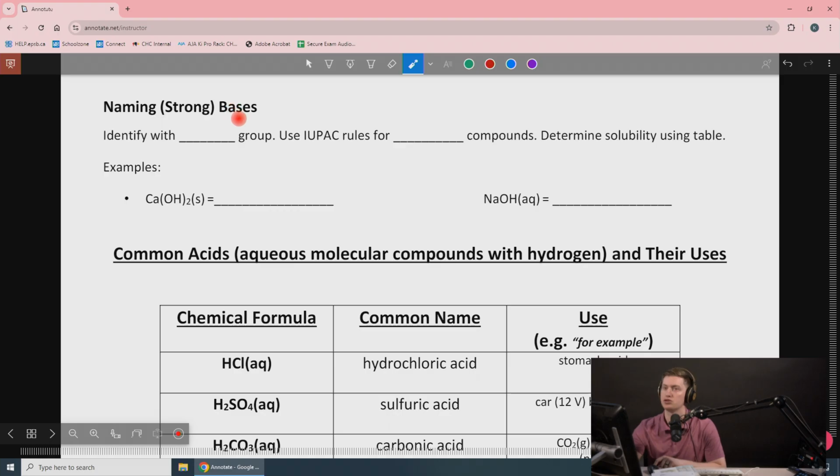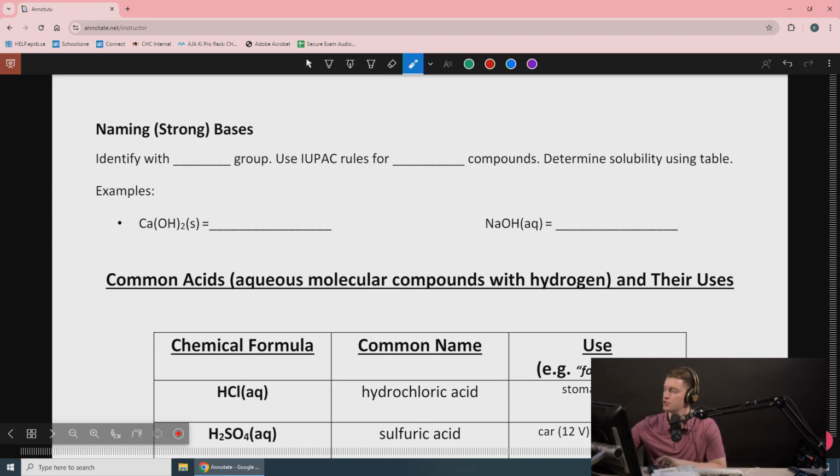Now we're going to go to strong bases. Think of a strong base as being an ionic compound with hydroxide.